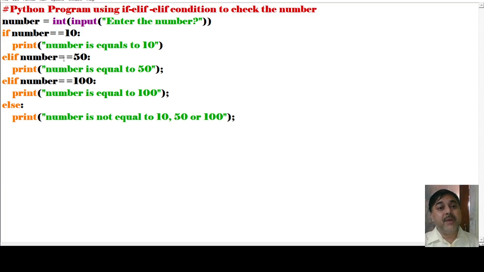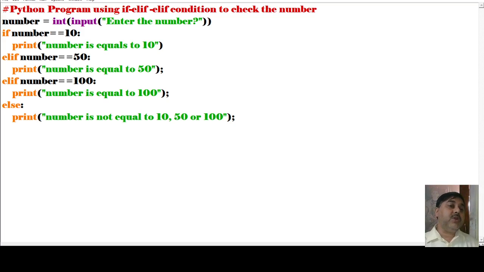Else if number equals 50, then what will it write? The number is equal to 50. If it is also not so, then else if number equals 100, print the number is equal to 100. Else, the number is not equal to 10, 50 or 100.